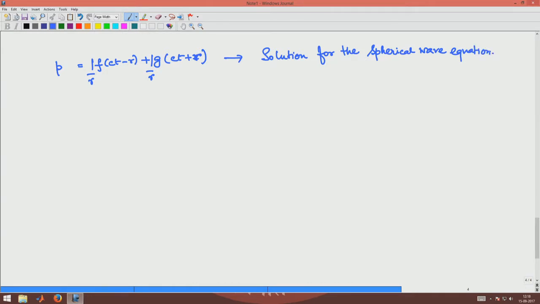So, this represents waves which are completely symmetric, which depend only on the radial coordinate and do not depend upon the angular coordinates. The characteristic of this wave is that all points which lie at the same radial location have identical pressure, identical velocity, identical intensity, everything. If pressure is the same, velocity is after all derived from the pressure through the Euler equation.